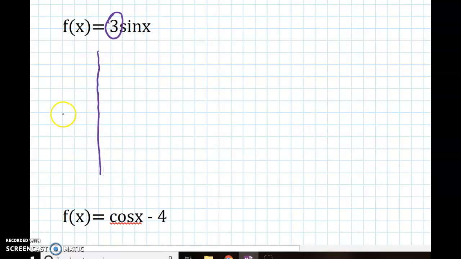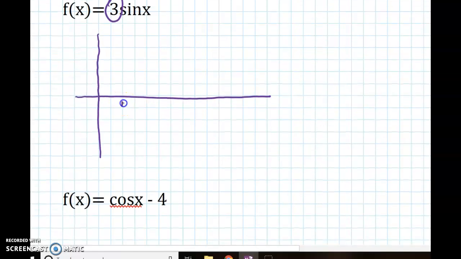It's very important that you realize that your parent points of this graph occur at pi over 2, pi, 3 pi over 2, and 2 pi. Okay? It's very, very important that you start to get that in your brain.